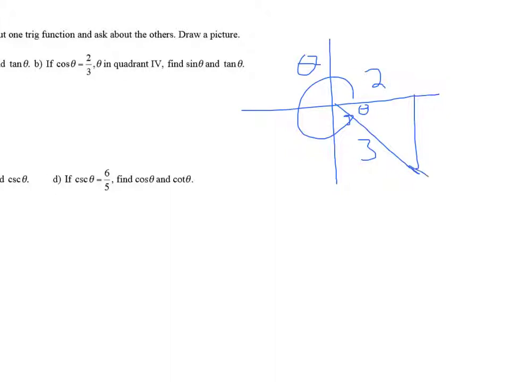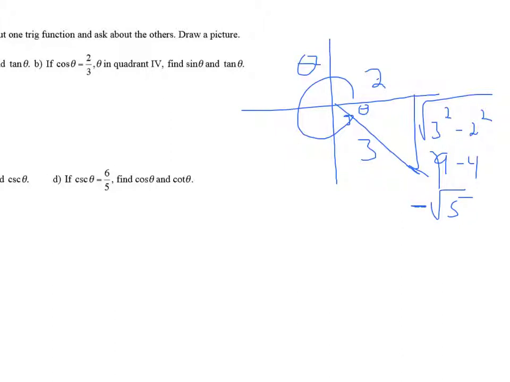So to use the Pythagorean theorem for this, so 3 squared minus 2 squared, because a squared plus b squared equals c squared, and since we don't know b, we're going to square the hypotenuse minus the square of that other side. Take the square root, so let's see, what is that? 9 minus 4, I'm getting 5, so the square root of 5 is this opposite, and it's negative because it's in the fourth quadrant.